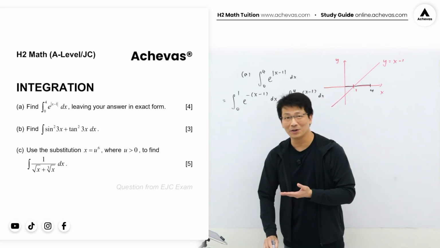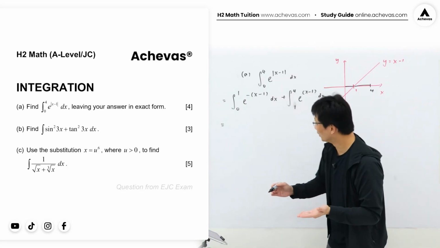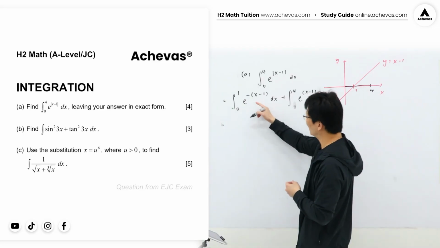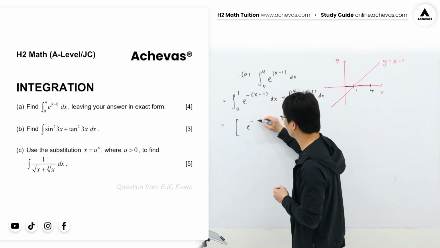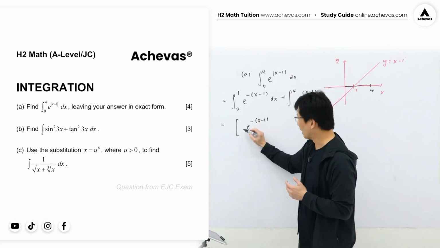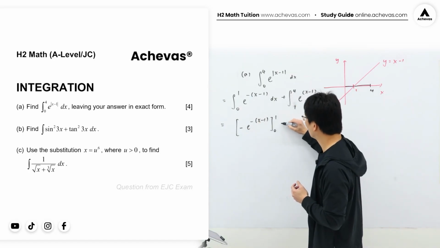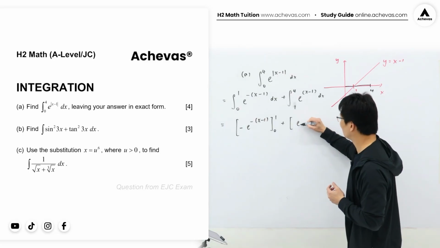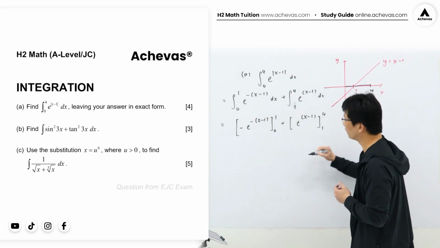Now we are just going to use simple integration. For this exponential, when we integrate, it will be exponential to the power of minus x minus 1. Because the coefficient of x is negative, I'm going to put in an extra negative here, with limits 0 to 1. As for this, it will just be exponential x minus 1, with limits from 1 to 4.